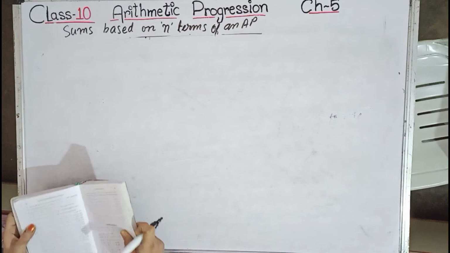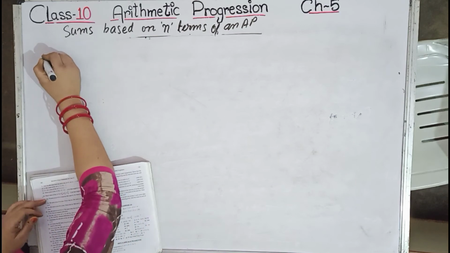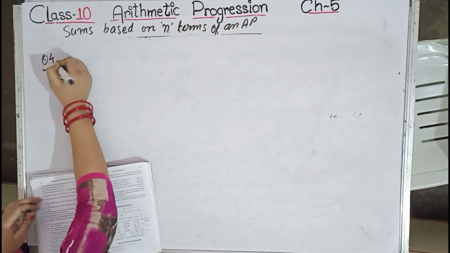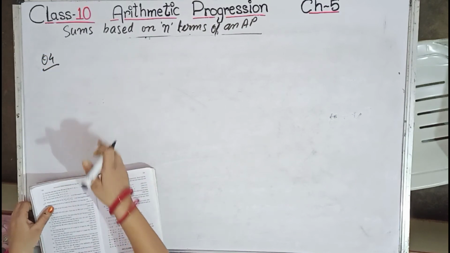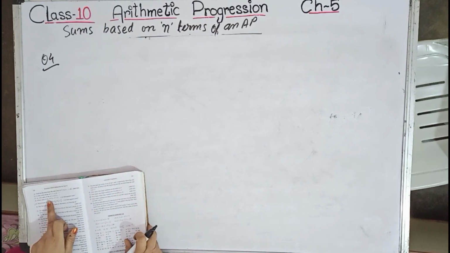Now, one more question I am doing. Which term of the AP is the first negative term? This is question number 4 from the RS series I am maintaining. It is again one question from RS only.